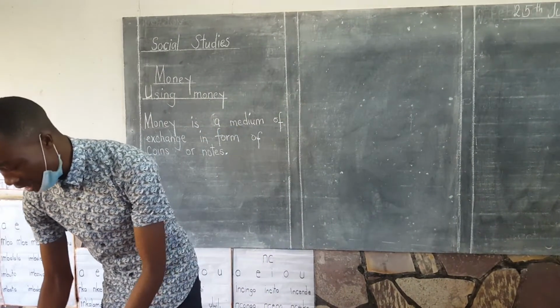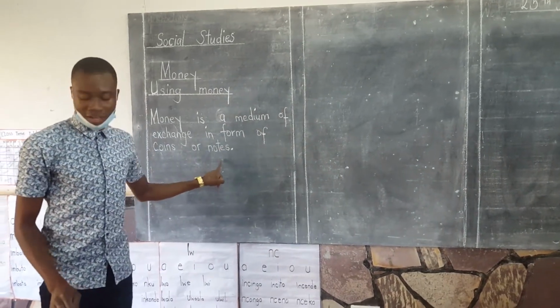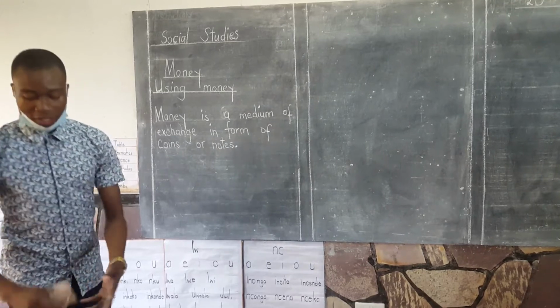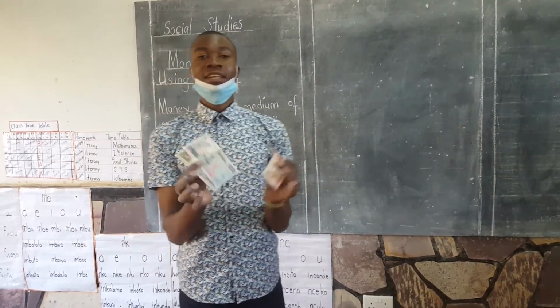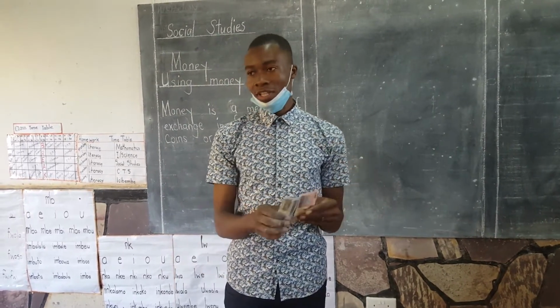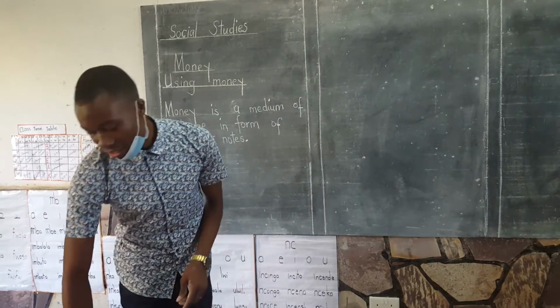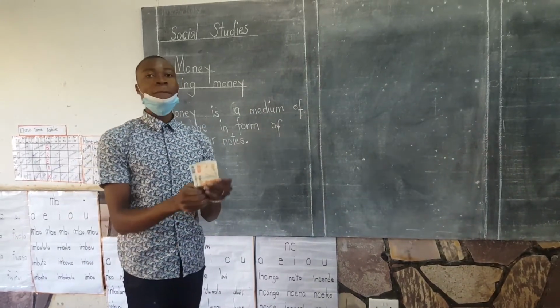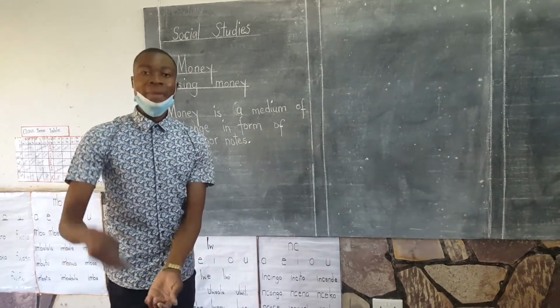Then apart from that, I said notes. What is the meaning of the word notes? So here with me, these are notes. So the difference between notes and coins, notes are made of paper. Then coins are made of metal.